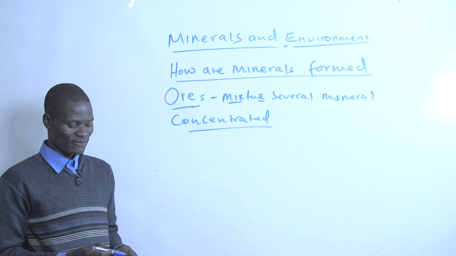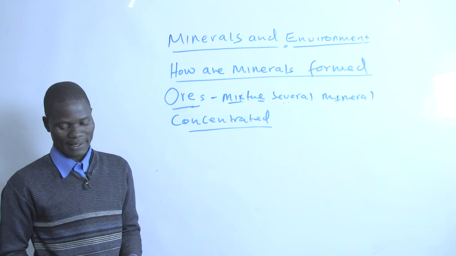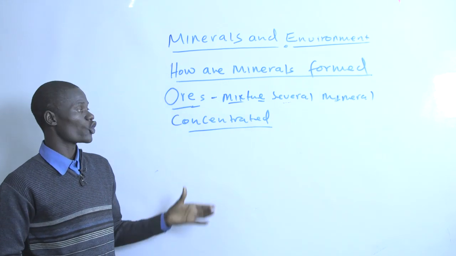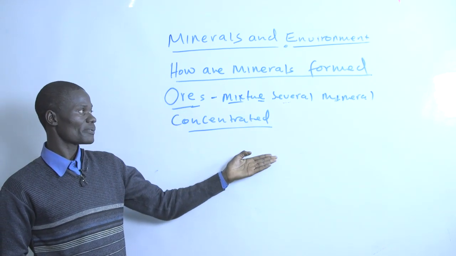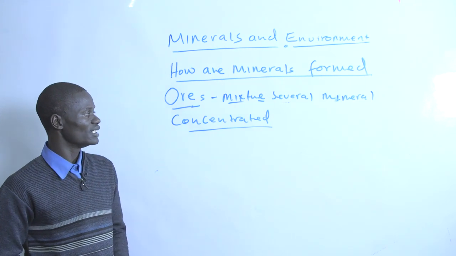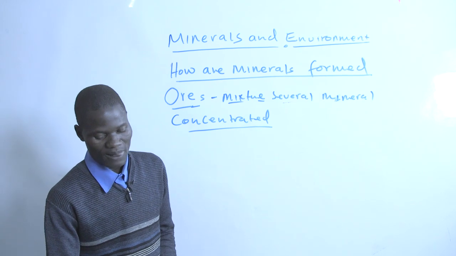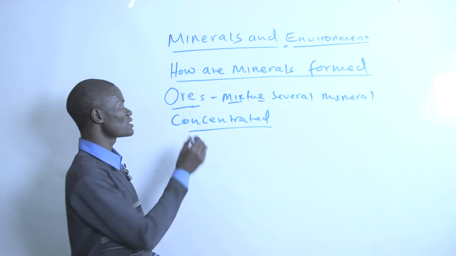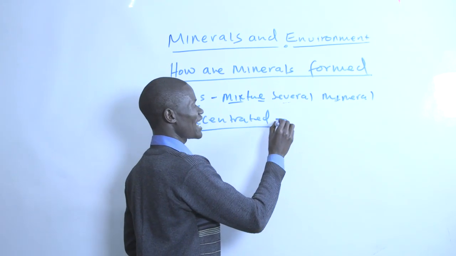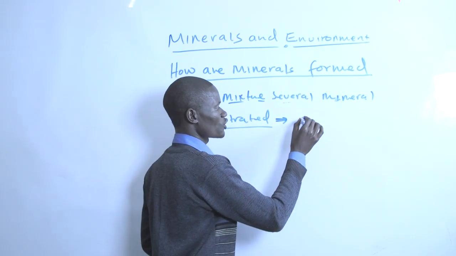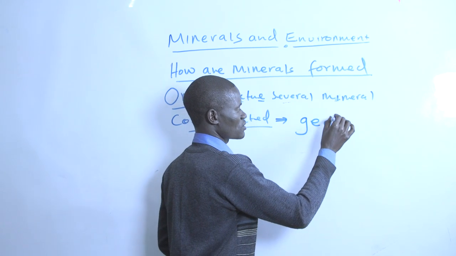That is what will give its localized name according to the type of the mineral that is found and the chemical composition that is found in this. And this process of an ore occurring with several concentrated minerals is called a geologic process.